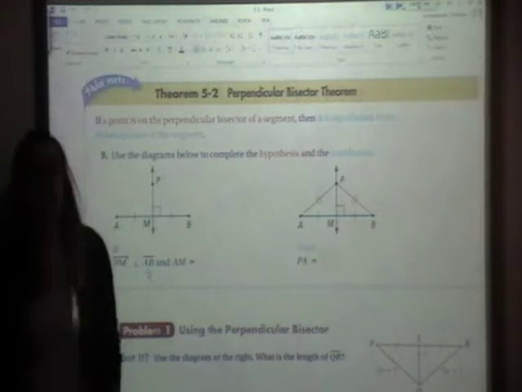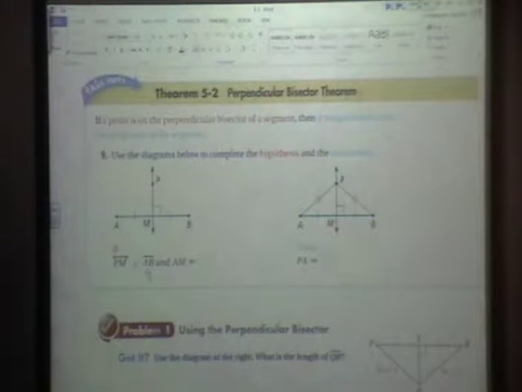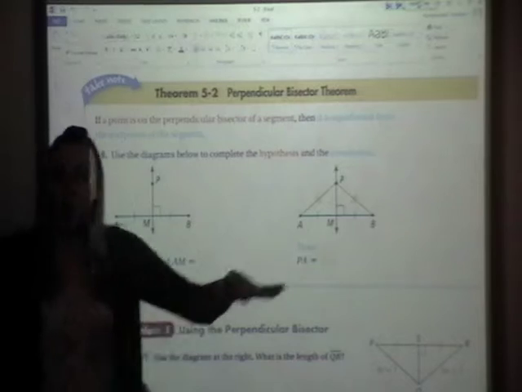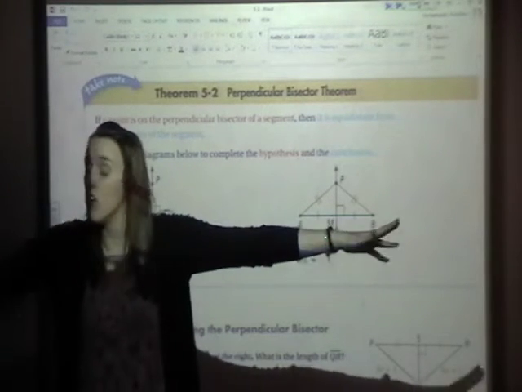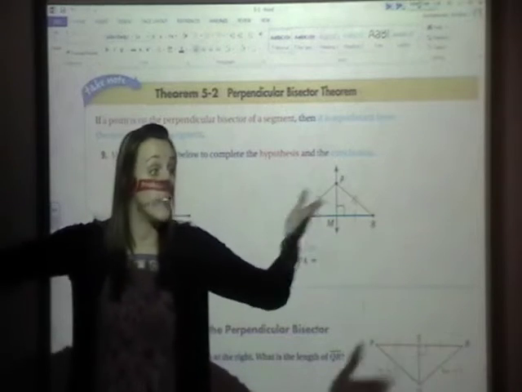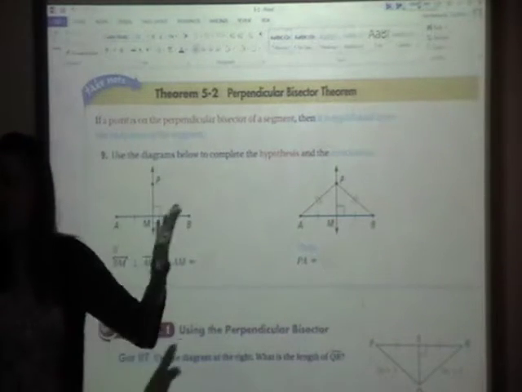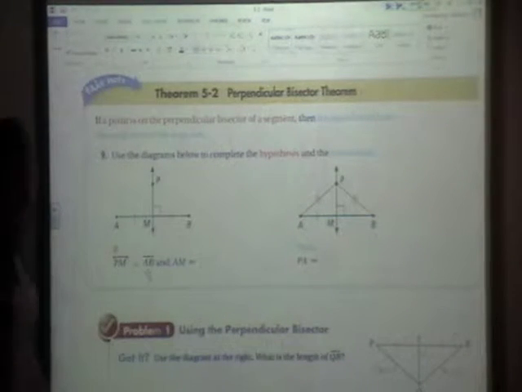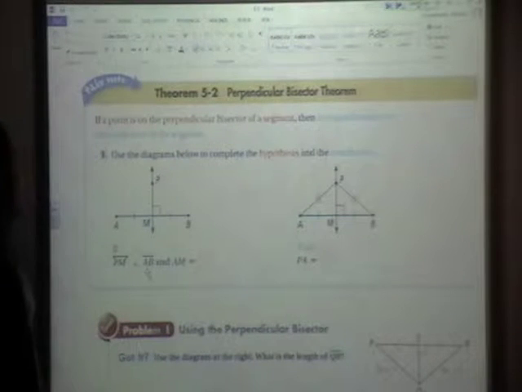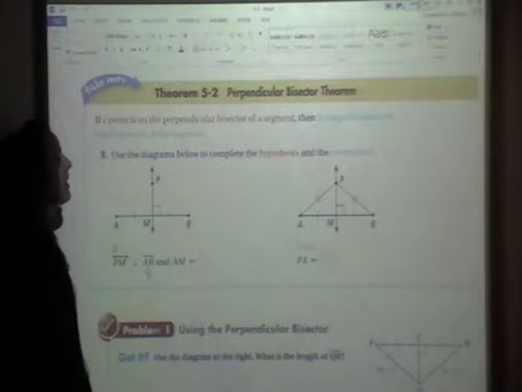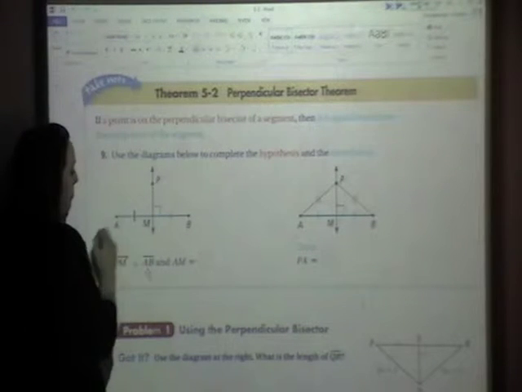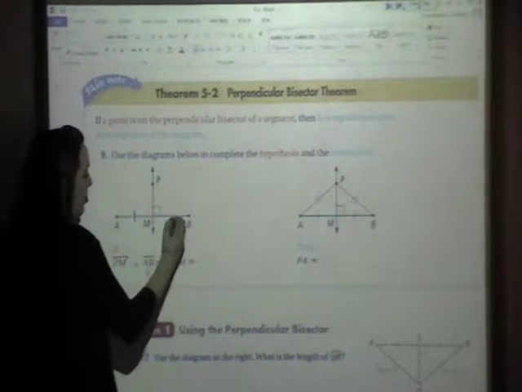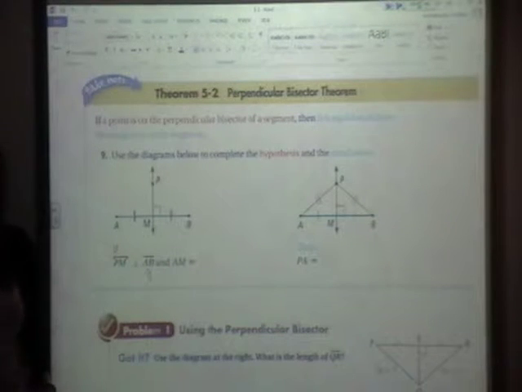So we're going to start off talking about perpendicular bisectors. You have your original line, and we found a line that was perpendicular, creating a 90-degree angle on that line, and we have some information about the lines created. It says if a point is on the perpendicular bisector of a segment, then it's equidistant from the endpoints of the segment. So from A to our midpoint and midpoint to B, those are the same, equidistant.